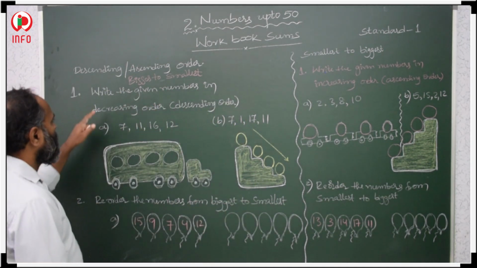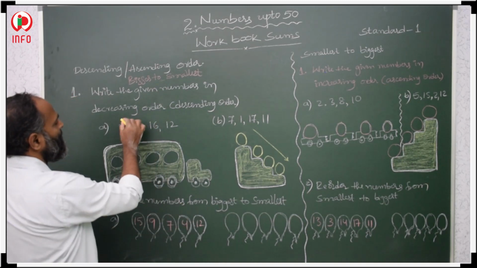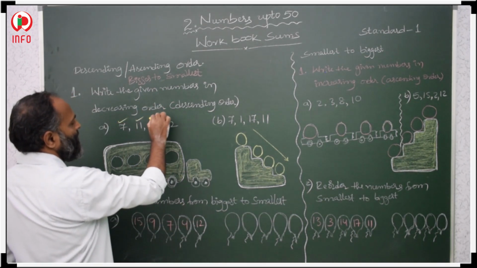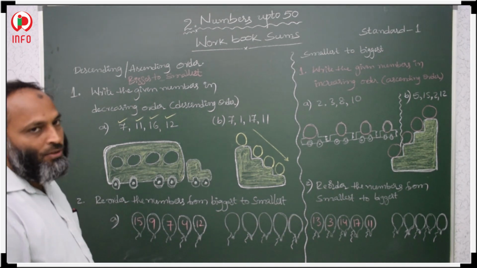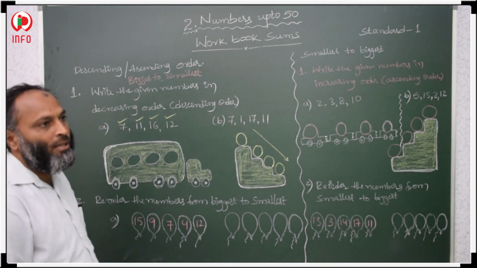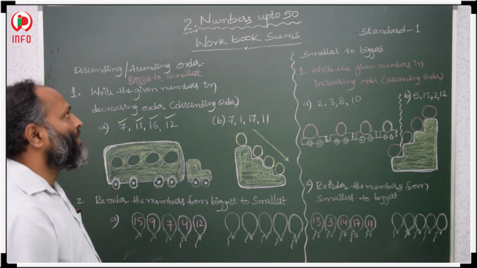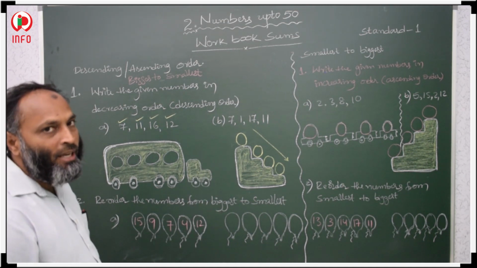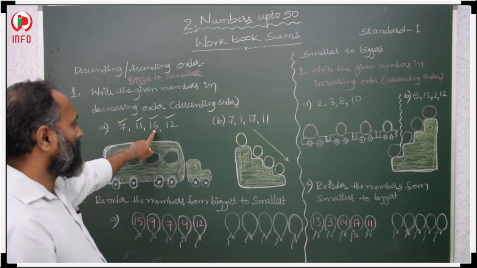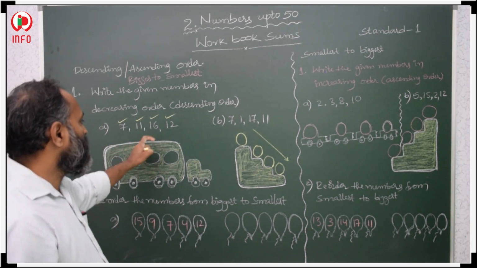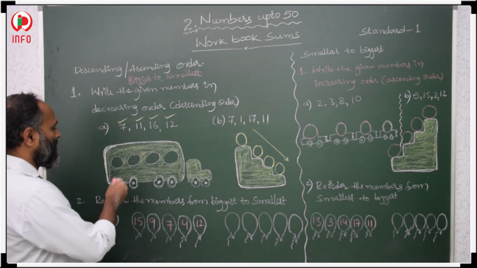Now here some numerals are given: 7, 11, 16 and 12. We have to write these numbers in descending order. Descending means decreasing order, so first we take the bigger number. What is the biggest in this? 16 is the biggest, so we write 16 first.